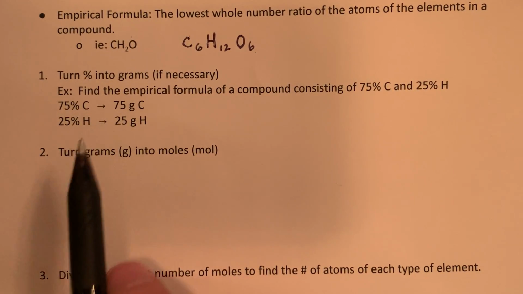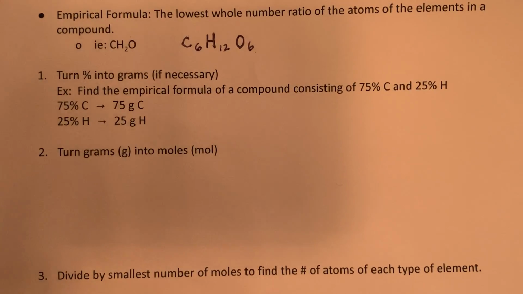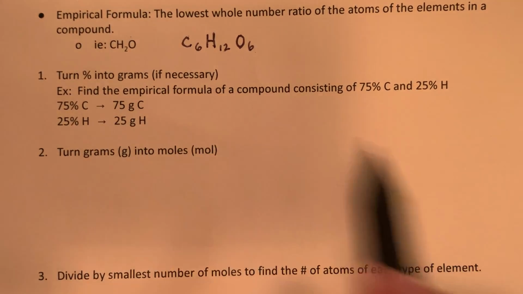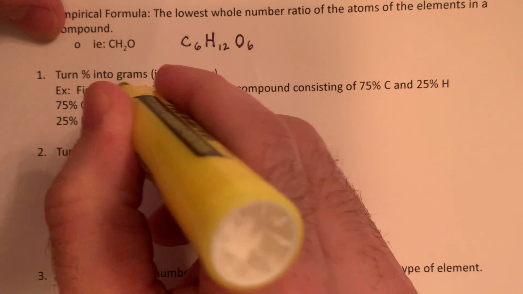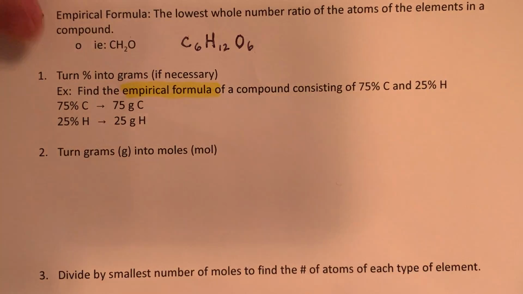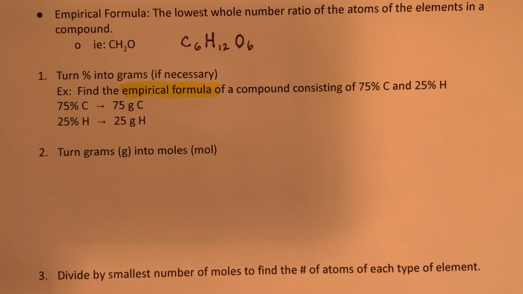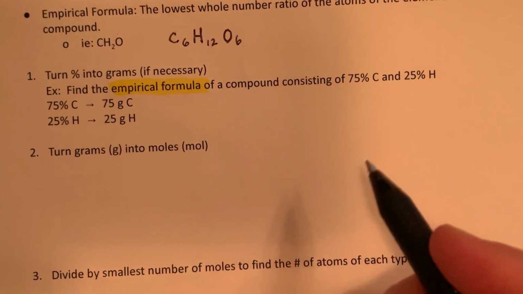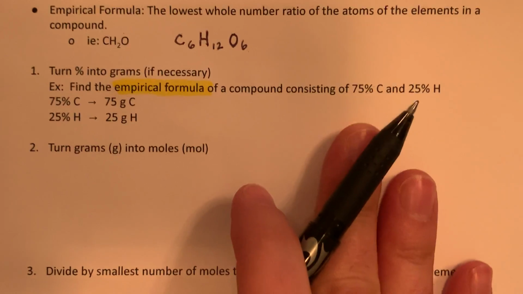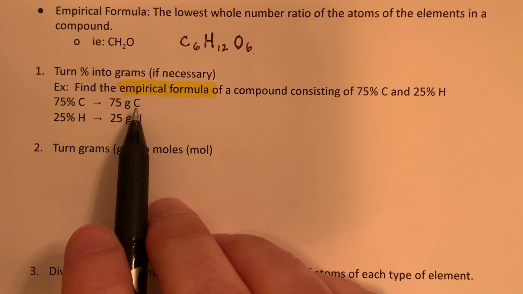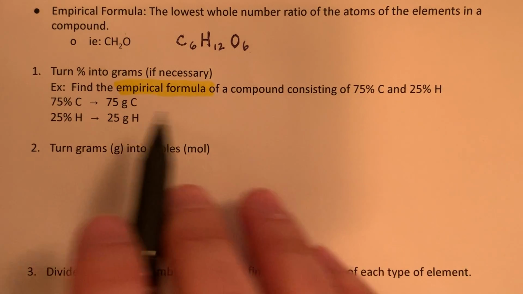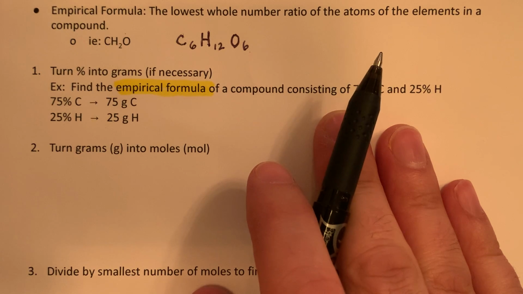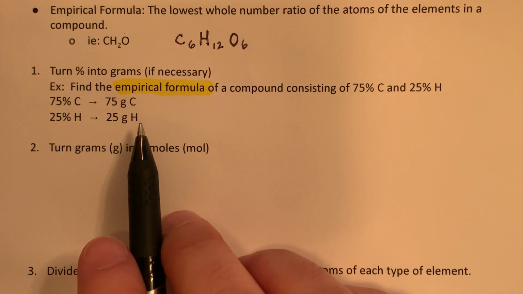If they give that to you, now this is where you've got to be careful because we've got the percent composition problems, which are totally different, all right? This says find the empirical formula. So we're talking about empirical formula here, right? All right, so if they give it to you in percent, all you do is just literally drop the percent and put grams. You don't have to do anything else, all right? If they already give it to you in grams, you don't have to do this step, obviously. Okay, you want the amounts of each element in grams.